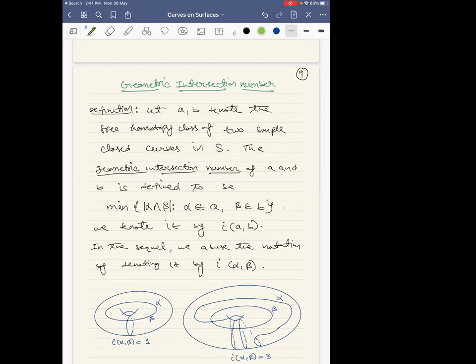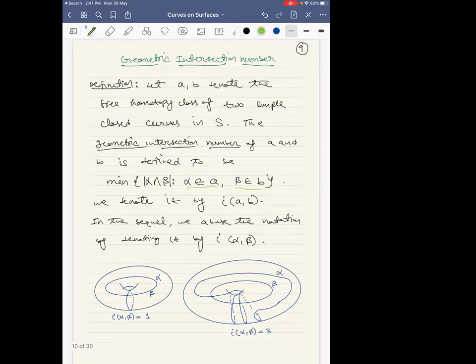So the minimum of, take alpha in the free homotopy class of A, beta in the free homotopy class of B, and look at the intersection of alpha and beta. Count how many points they intersect, and take the minimum. So this is called the geometric intersection number, and we denote it by I(A,B).